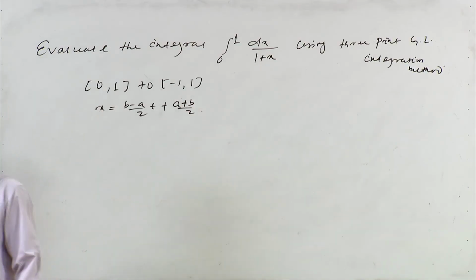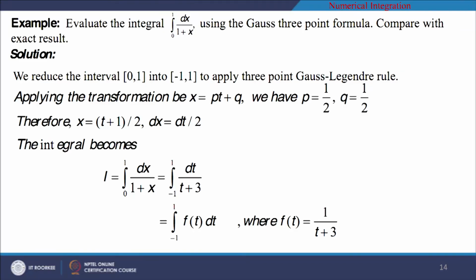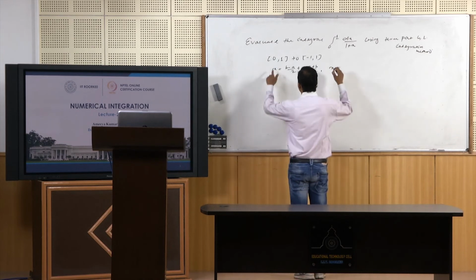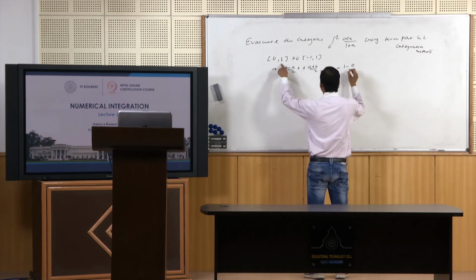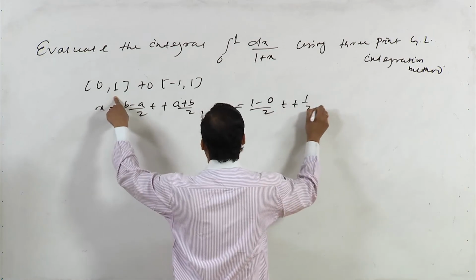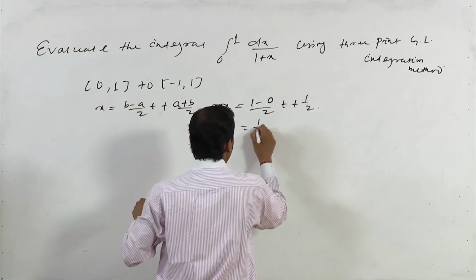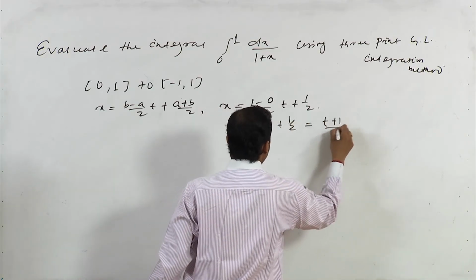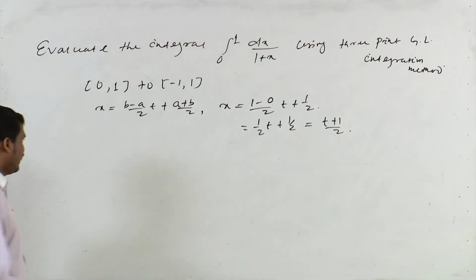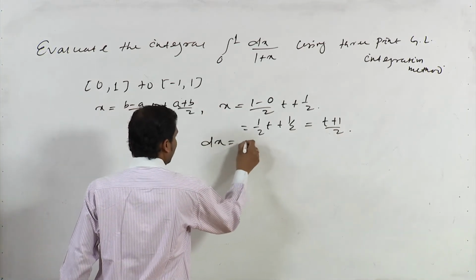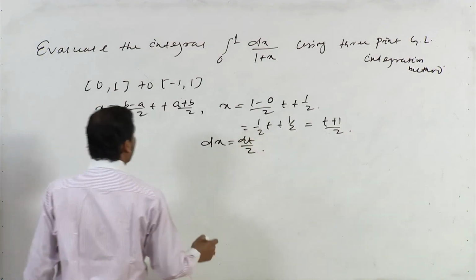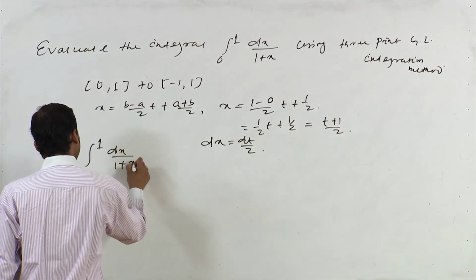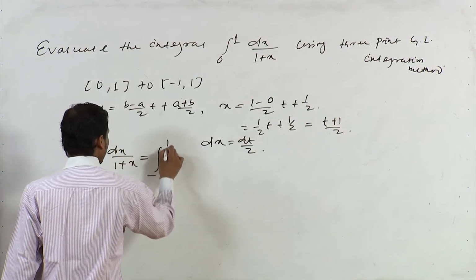If we write in this form, we obtain x equals (1 minus 0) by 2 into t plus half, and this can be written as half of t plus half, that is (t plus 1) by 2, and dx can be written as dt by 2, and the complete integration range 0 to 1 dx by 1 plus x can be transformed into minus 1 to 1.